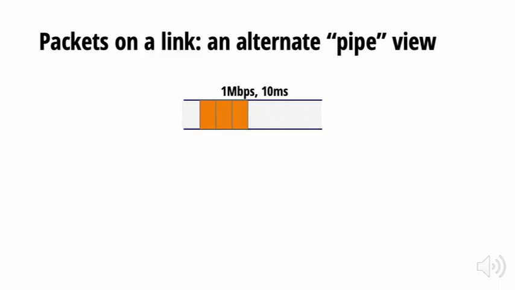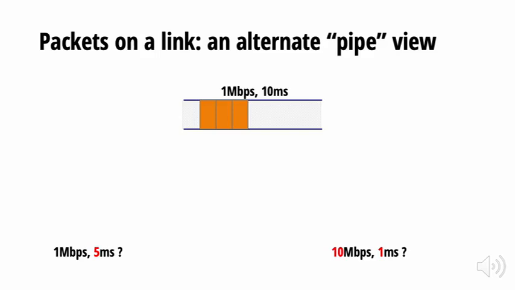So here's another exercise for you. Here's my link. It's 1 megabit per second, with 10 milliseconds as the propagation delay. I want you to think, in your head or doodle, what this picture would look like if my link is 1 megabit per second but now has a propagation delay of 5 milliseconds.